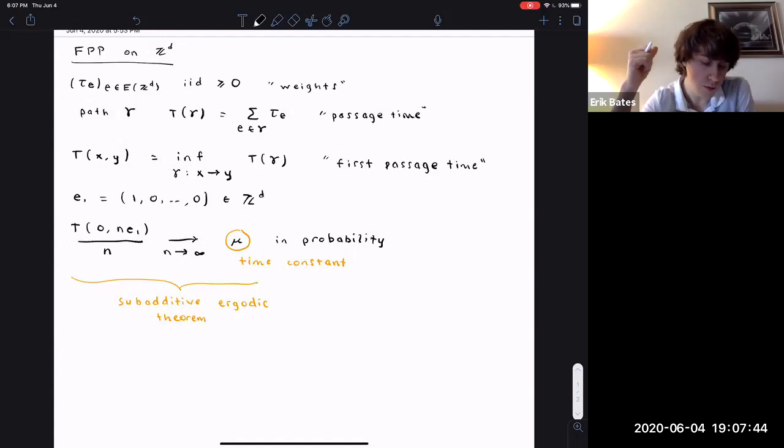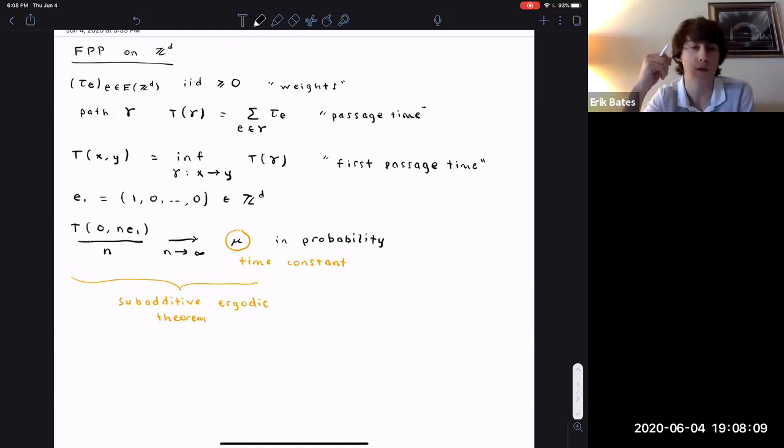There is no known distribution for the taus for which we know exactly what this time constant is. So this is maybe an interesting question. Maybe some would regard it as less important because getting the explicit constant, you could estimate it numerically and you're not sure what to do with that information. But it would be more important to study the techniques that get you there.